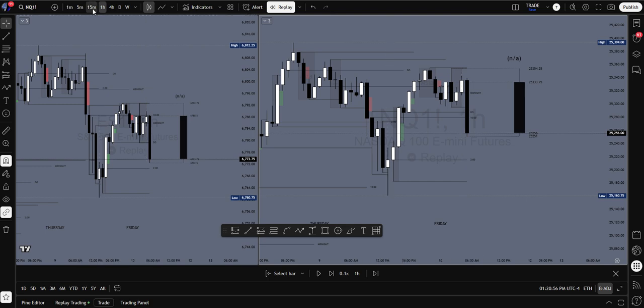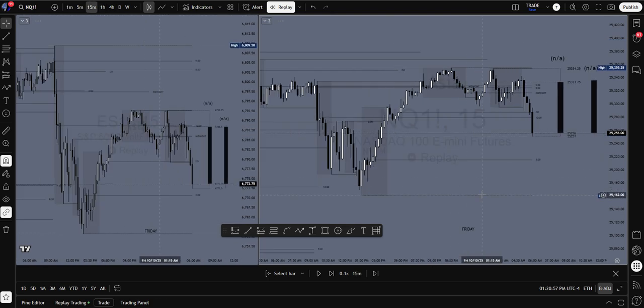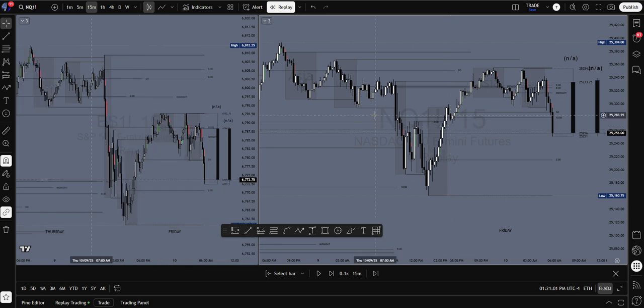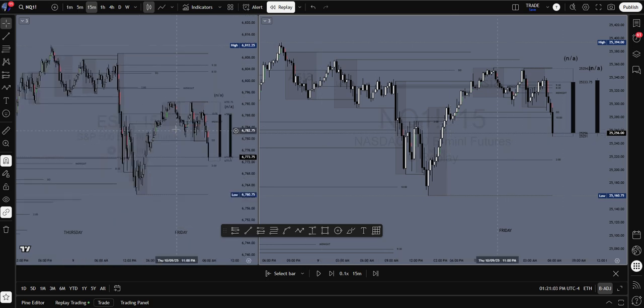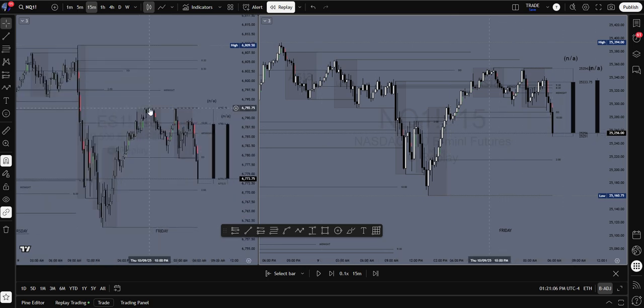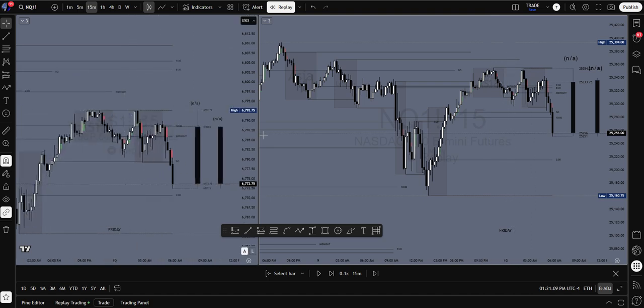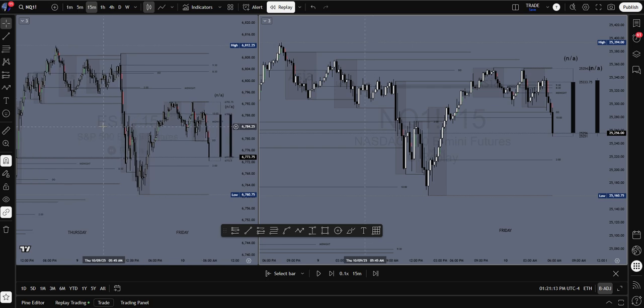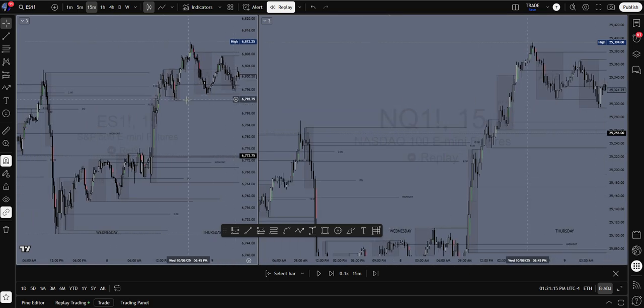So let me find a session example to see if we can get a general idea. Damn, did ES actually create these relative equal highs? Okay, that's not it though. That's not what we're looking for.